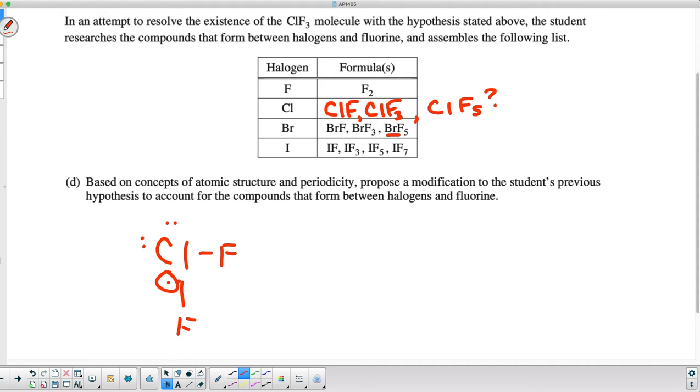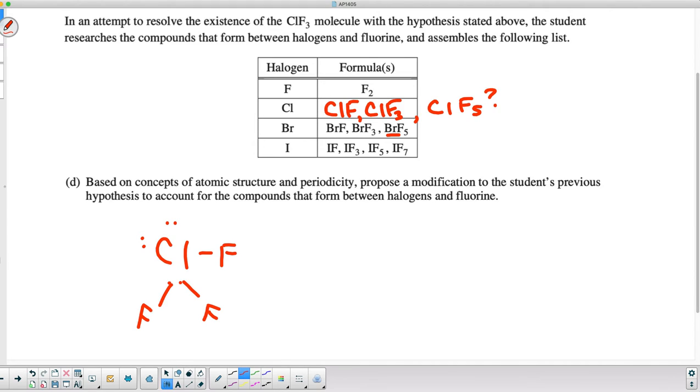So you're not going to see an even number of fluorines. You use electrons so that there's no single electrons being left on the central atom. So that's why it's either 1, 3, 5, or 7.